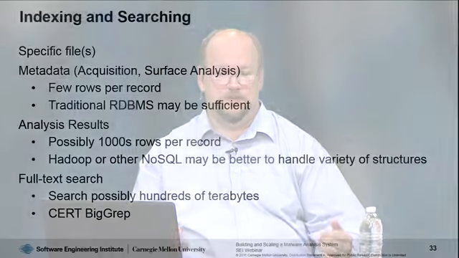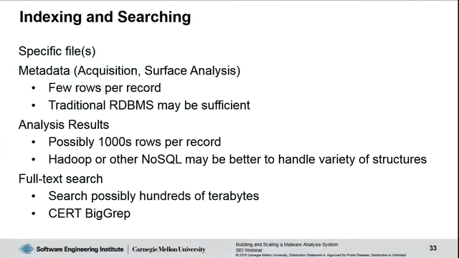And then we've got full text searching. Sometimes people have a long string, maybe an array of data for encrypting or for doing a hash, that is unique to a particular family of malware, and we want to search for that.